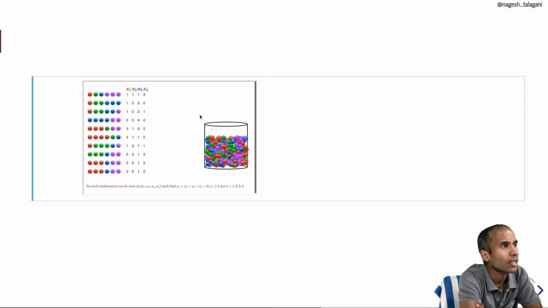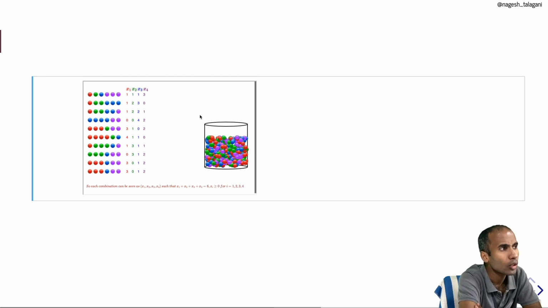So we can see the 4-tuple x1, x2, x3, x4 as a non-negative integer solution of the equation x1 plus x2 plus x3 plus x4 equals 6. Here in this equation, the 6 represents the number of gems we are picking, and the 4 represents the number of colors available. Okay, fine. So there is a one-to-one correspondence between these combinations and non-negative integer solutions of this equation.